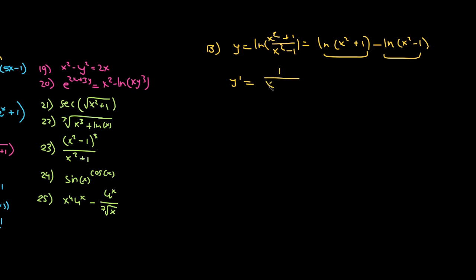Ln, that becomes 1 divided by x squared plus 1 times the derivative of the inside. That's just 2x. And then I have to subtract off the derivative of the second function. That's going to be pretty much the same, except for this part. Obviously the inside just goes into the denominator here. And that's our final function.